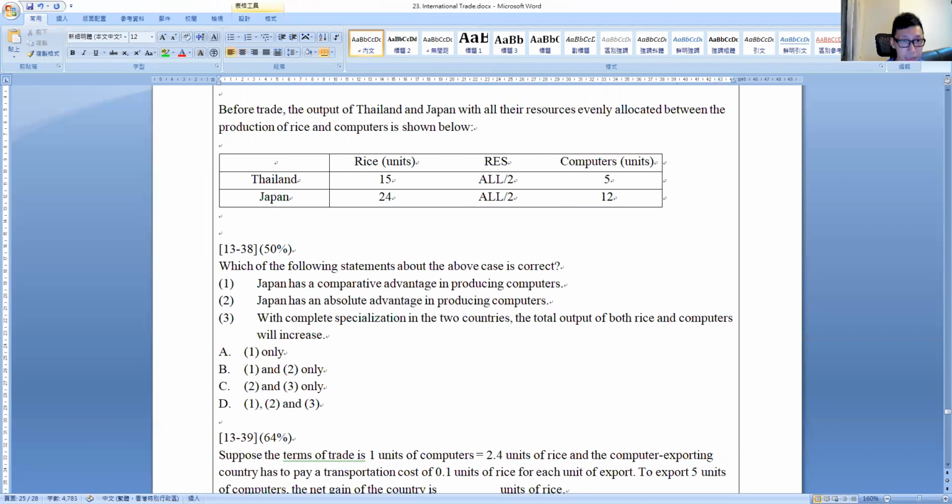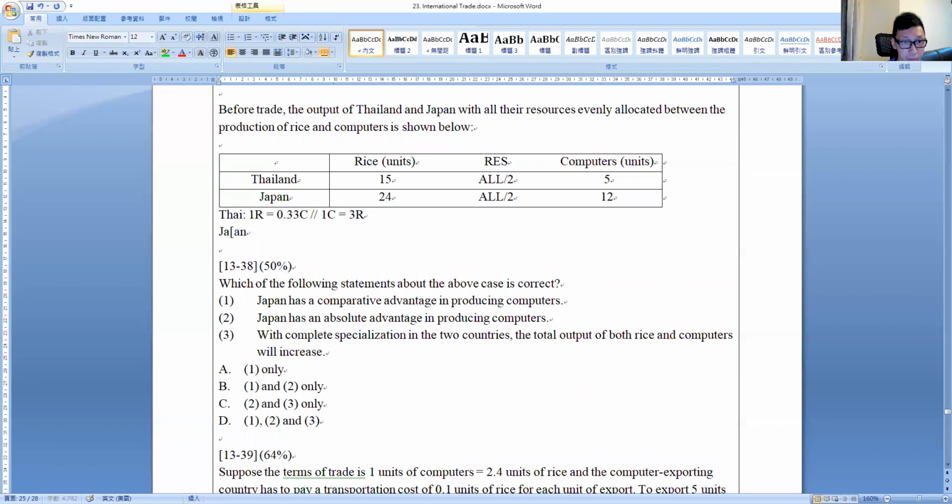So, the Thai would be 1 rice equals to 0.33 computer, or one computer equals to 3 rice, and Japan would be here. 1 rice equals to 0.5 computer, or 1 computer equals to 2 rice. 好嘛？原來係咁樣啫。So you see, the comparative advantages would go like this.